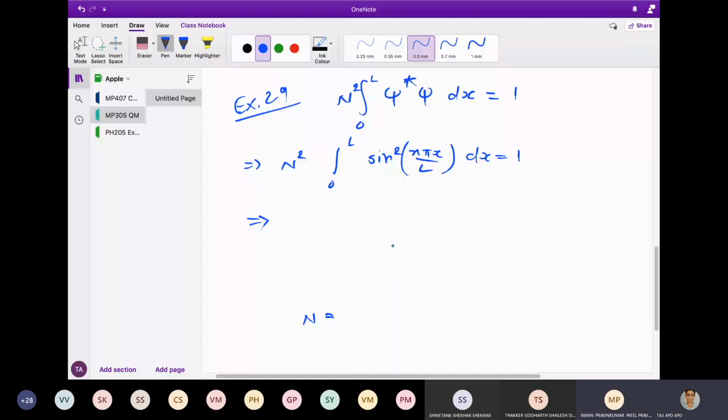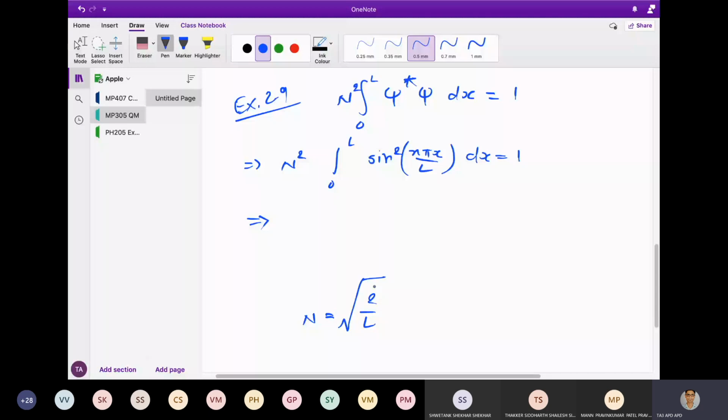Sir, under root half will come, maybe. Under root of 2 by L. Okay, so let us all verify that we are getting this answer. If the majority are getting this, that means it should be correct. So capital N is equal to under root of 2 by L. You just have to split it.